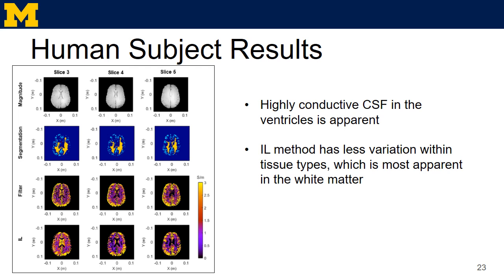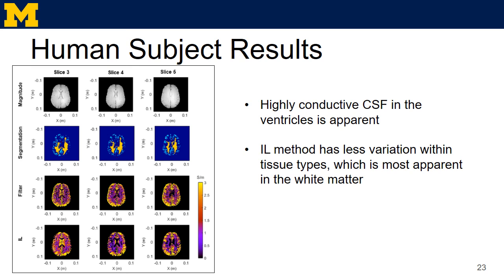On the top row, we have the magnitude images from our spin echo acquisition. In the second row, we have the tissue segmentation, which we performed using SPM. It's important to note that some pixels are not assigned a tissue type, and that is because we only assigned a tissue type if the probability of the pixel being that tissue was greater than 95%.